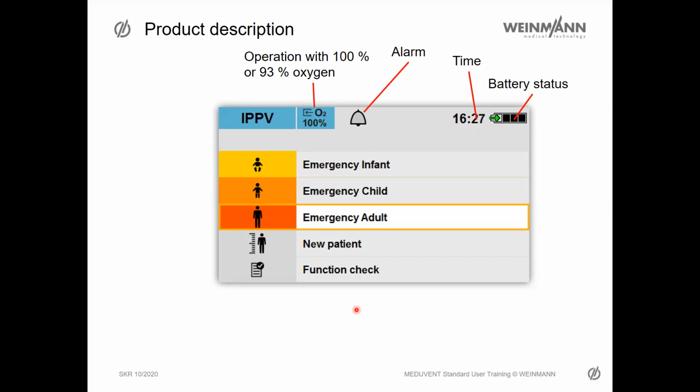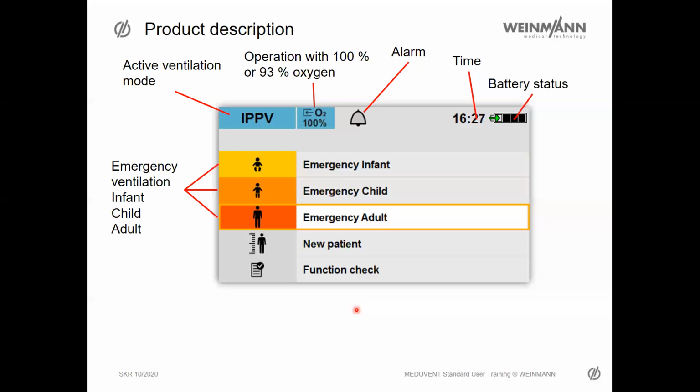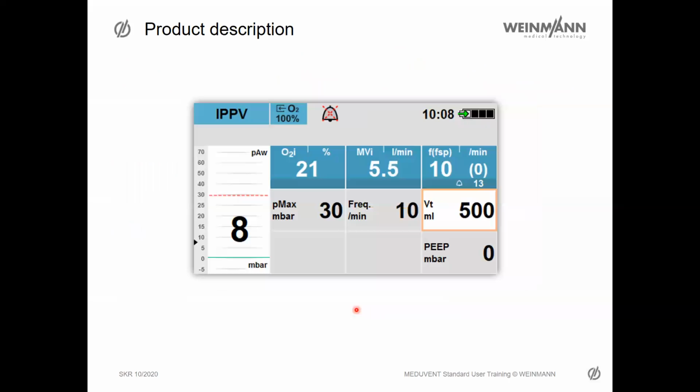So 93% of oxygen will be with some concentrators. We have the active ventilation mode on the left-hand side. In the middle, we have the 3 emergency ventilation modes. When you enter one of these ventilation modes, the device starts an IPPV ventilation with some fixed parameters at the start. We have a new patient you can start, and we have the function check above.